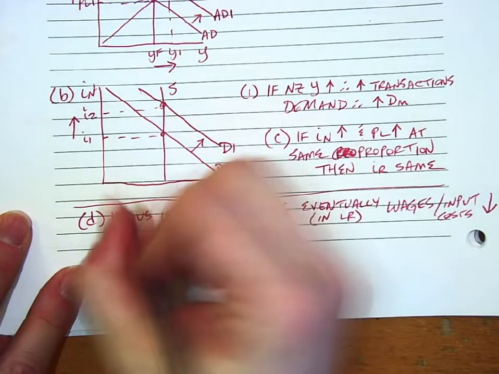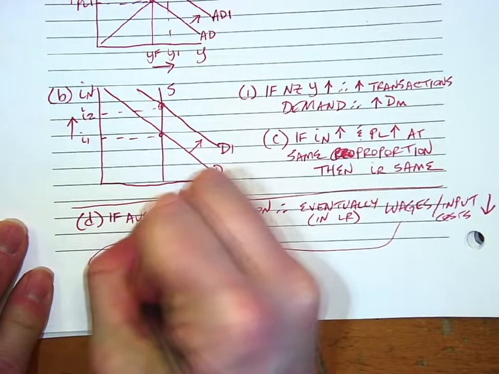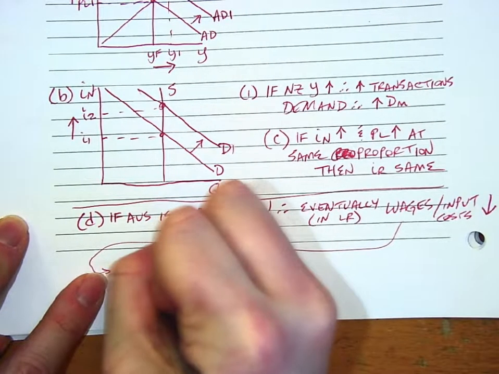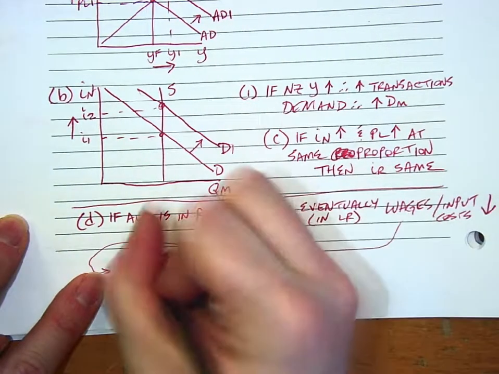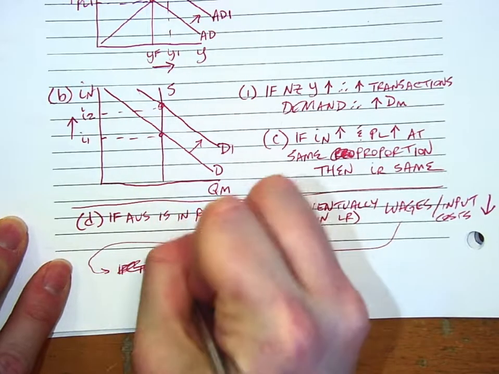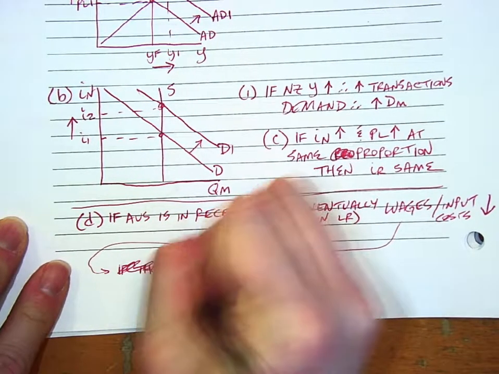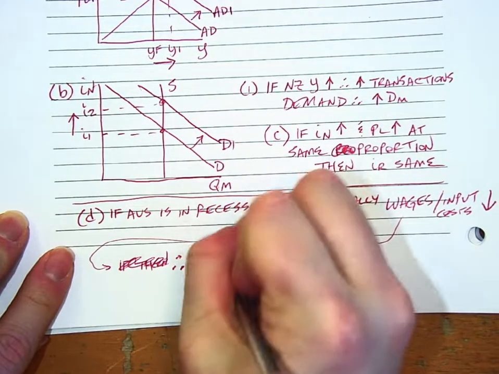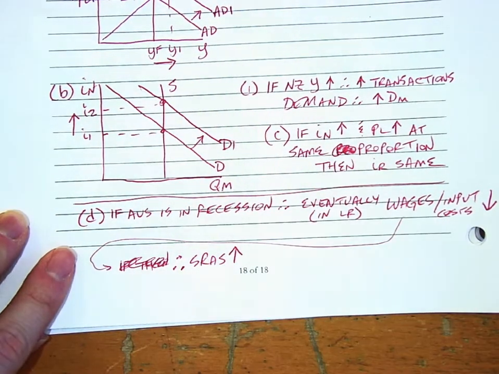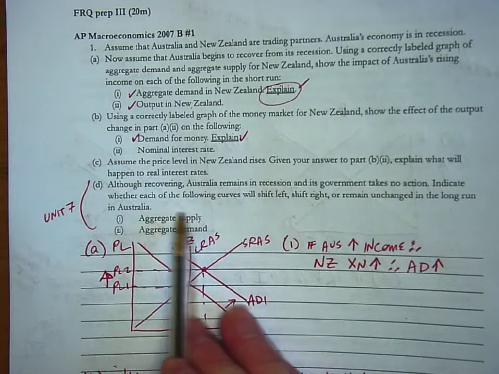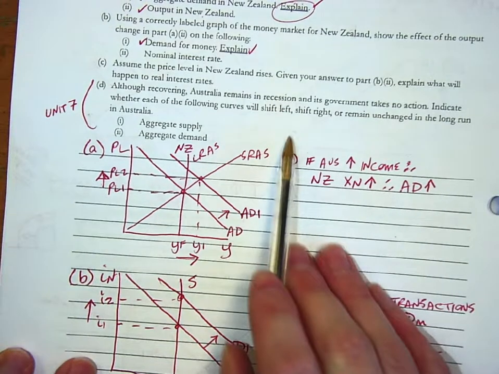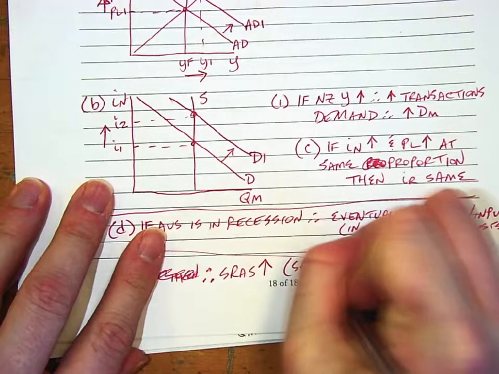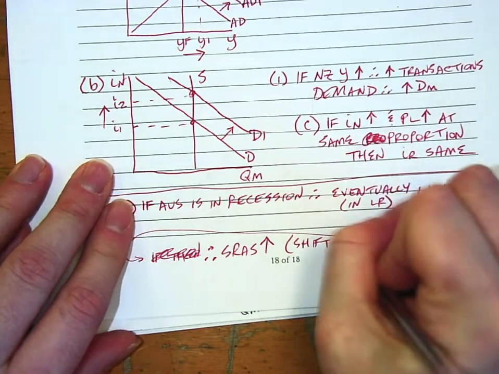And if that's true, then, therefore, I hate words. Just use symbols. There you go. Therefore, SRAS will increase. So that's actually the answer to aggregate supply, and that increase is a shift to the right.